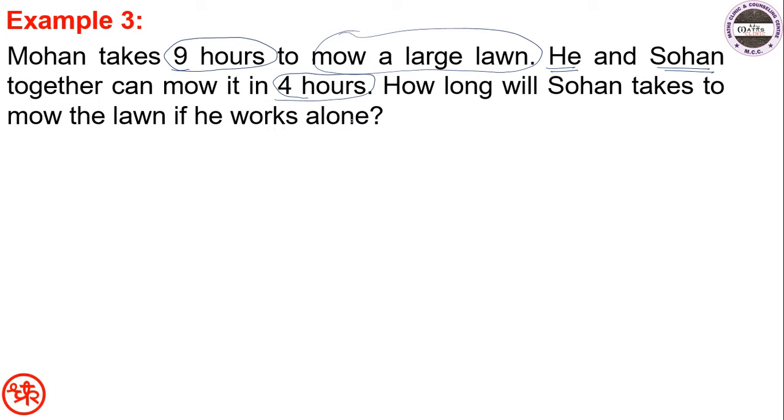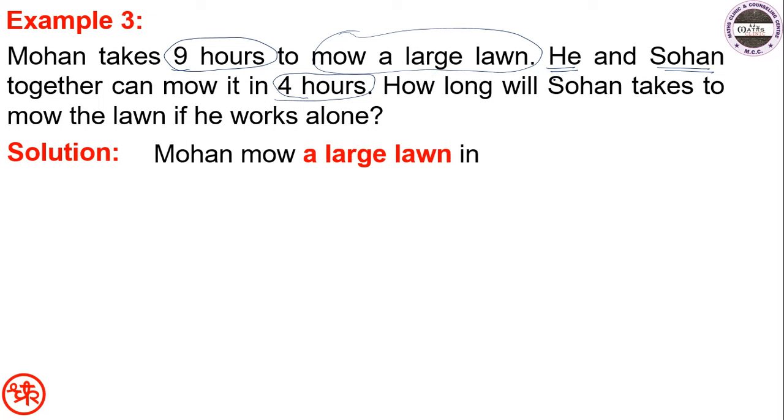Okay, so what is given here? Mohan alone, one thing. Mohan and Sohan together, but Sohan alone was not given. That we have to find. Okay, so solution. Let us see. Mohan mows a large lawn in how many hours? In 9 hours.